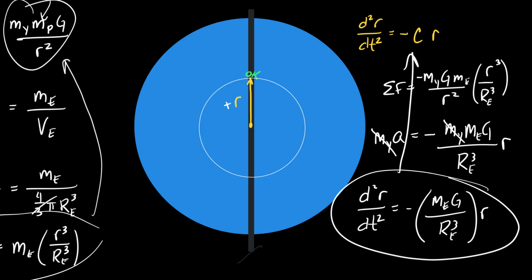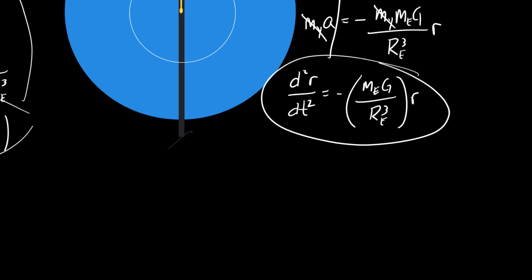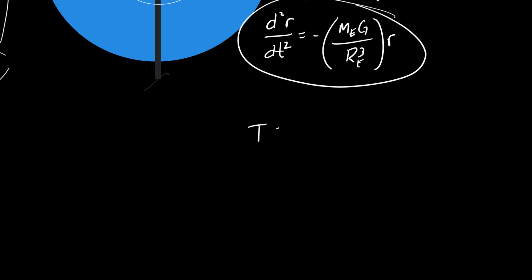That is the expression for a simple harmonic oscillator, which means the period of these oscillations has to be equal to 2 pi divided by omega. Well, based on what we know, omega has to be the square root of M_E G over R_E cubed.